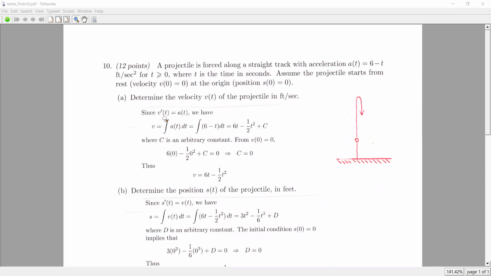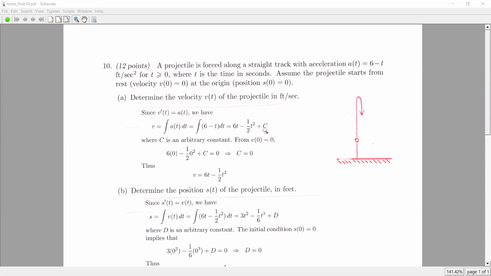Since the derivative of velocity is acceleration, we have velocity is an antiderivative of acceleration. Plug in 6 minus t in A, then I have this equation. 6 minus t antiderivative is this function.